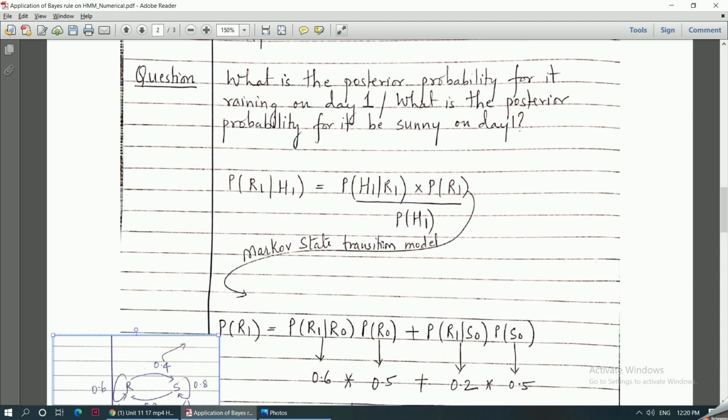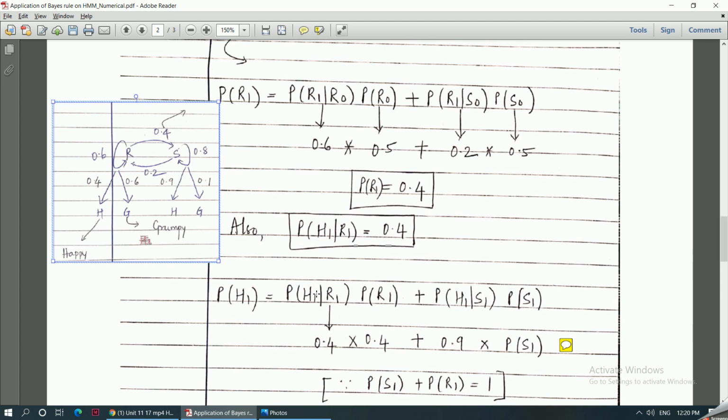Now we have to find the probability of H1. So again we are going to apply the Markov model. Alright, so what will happen in that case? It is nothing but the probability of a person to be happy on H1. This we have to find given that it rains on day 1, multiplied with the probability of it raining on day 1.